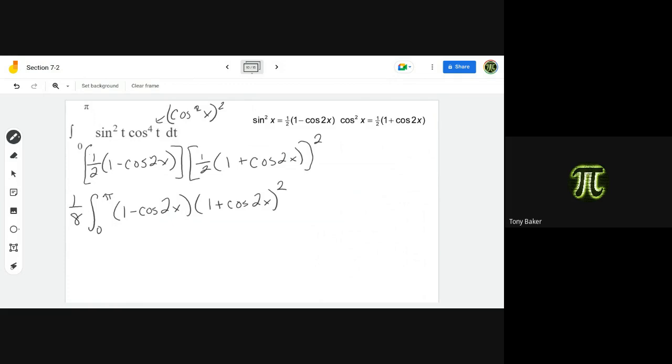All right, so now the only part that's going to cause me any problems is I have to deal with that squared. So let's take this, multiply it all out, and see what I get. This part right here becomes 1 plus 2 cosine 2x plus cosine squared 2x.